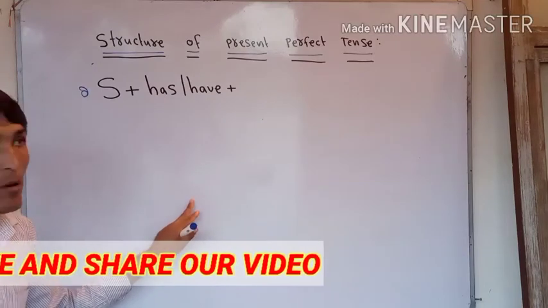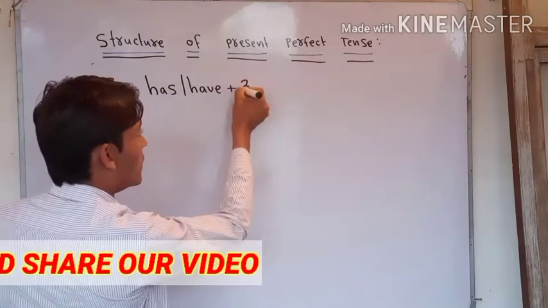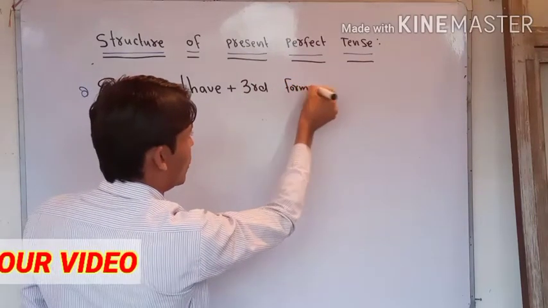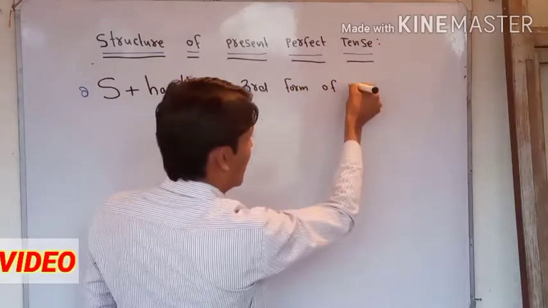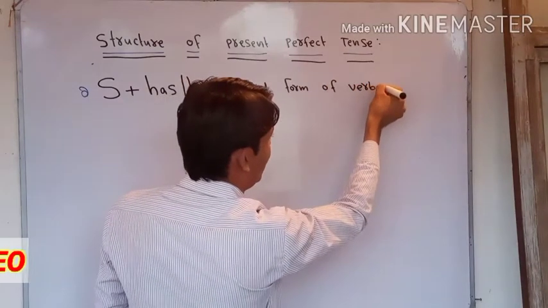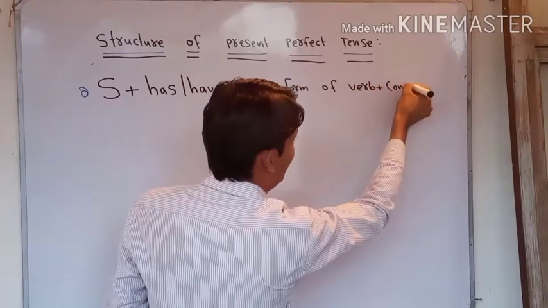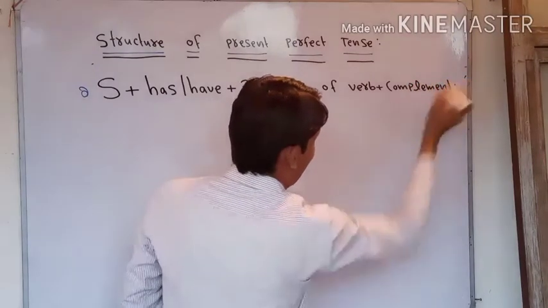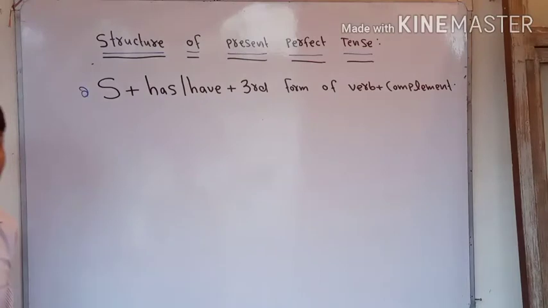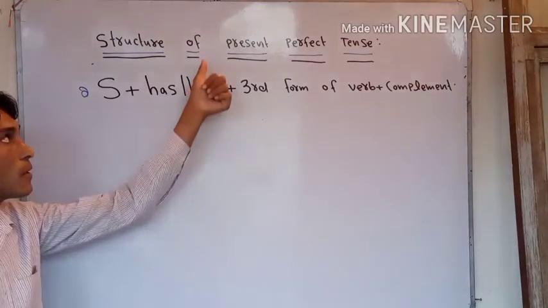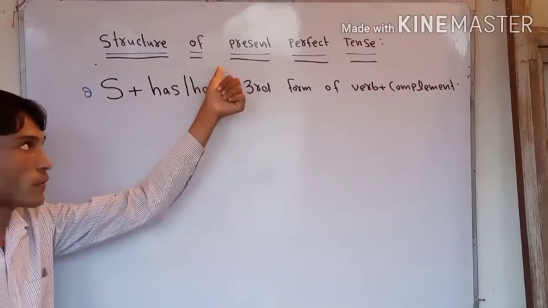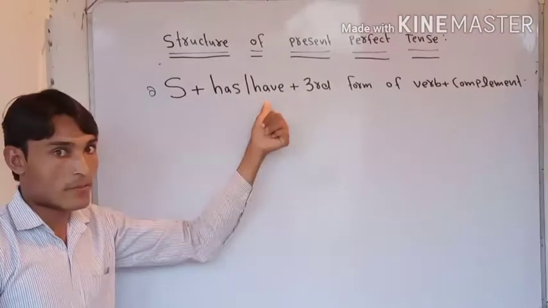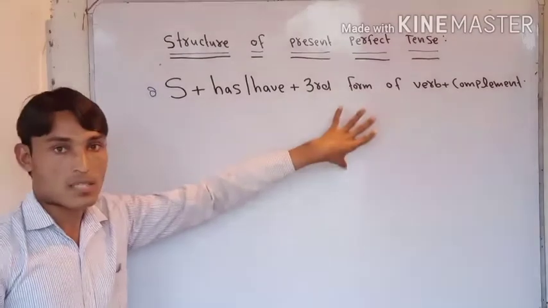And then we need to add a complement here. So if we want to make a statement of present perfect tense, first of all we need a subject, then has or have, third form of verb, plus complement.